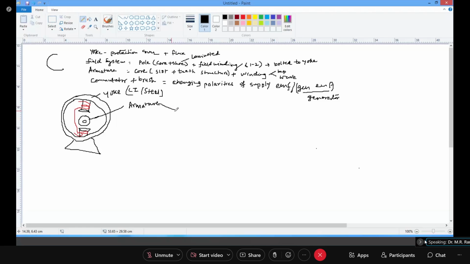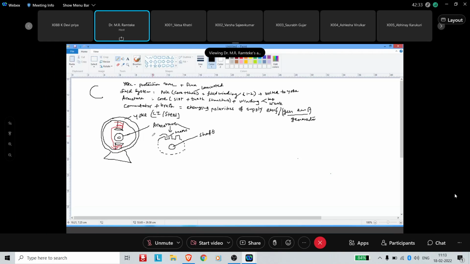I will show you here. You have a core having slot and teeth structure. Here there is a slot, through which the shaft passes. So this is a tooth and this is the slot.